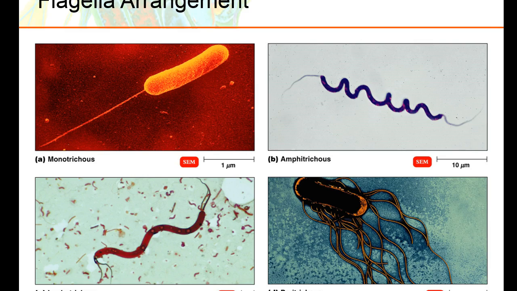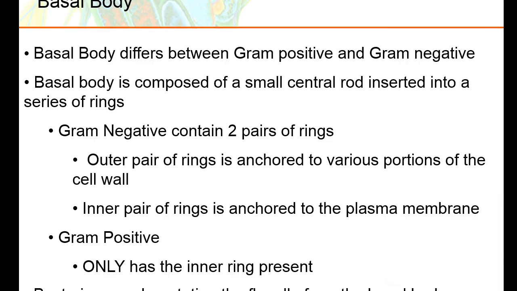Some still at the polar ends have multiple ones that come out. That's called lophotrichous. And then some microbes are peritrichous, and they have these flowing flagella all over their bodies.